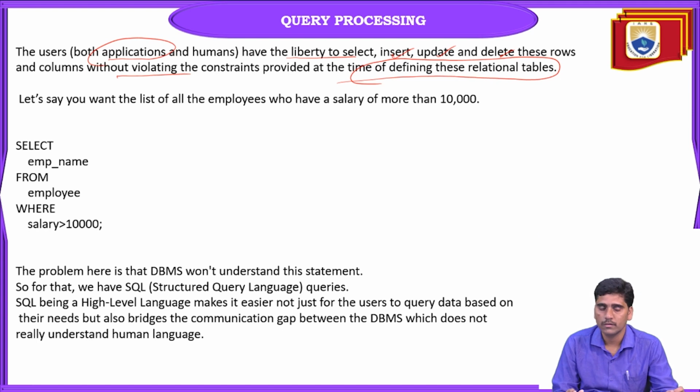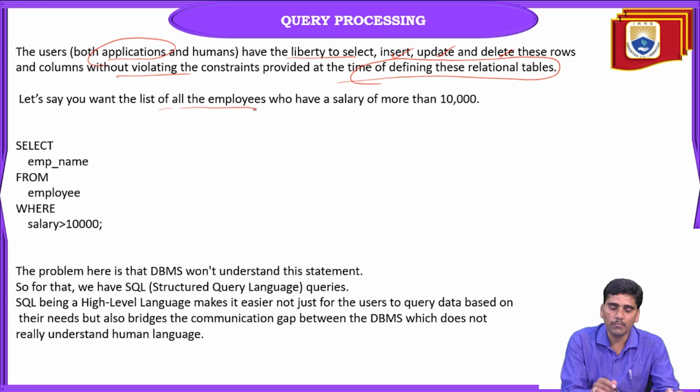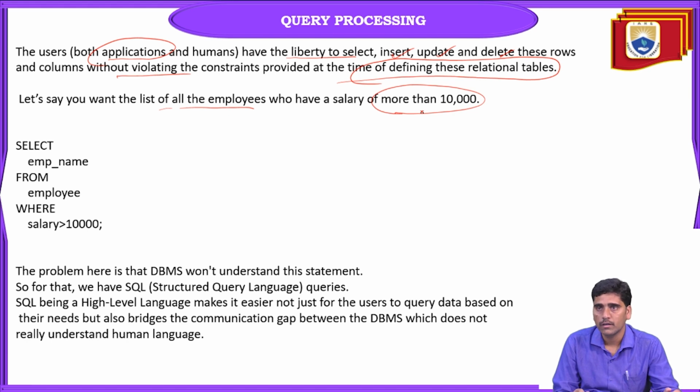Let us say we want the list of all the employees who have a salary of more than 10,000. This is the query, and the question is how this query is parsed, validated, and optimized. It is processed in two phases, compile time and run time.